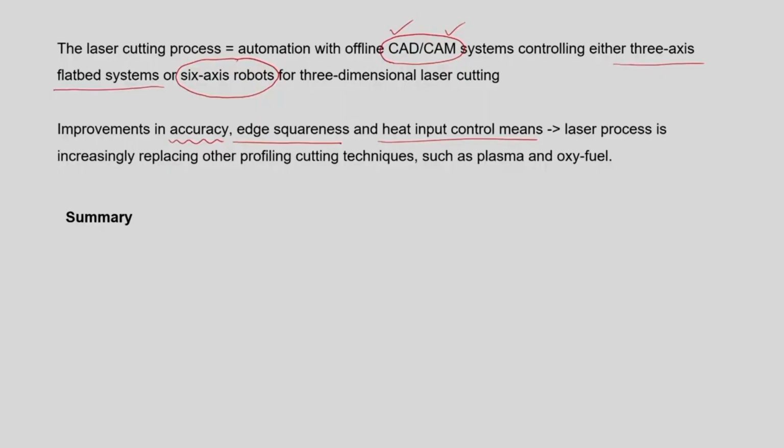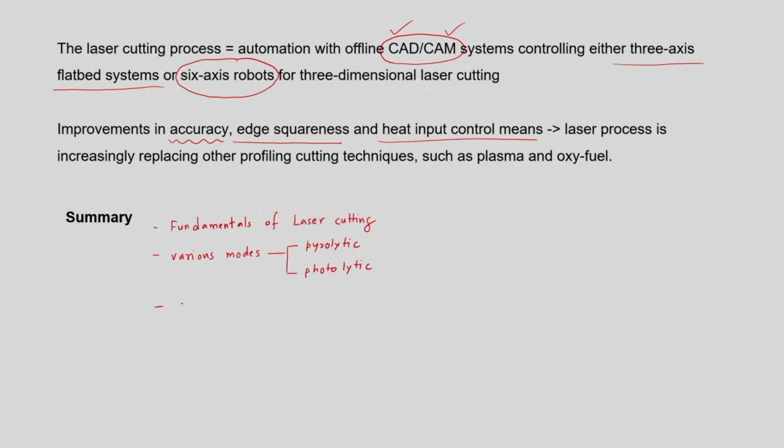So let us summarize lecture 1 of week 2. In this lecture, we have seen the fundamentals of laser cutting, various modes of laser cutting, that is the pyrolytic process and the photolytic process.